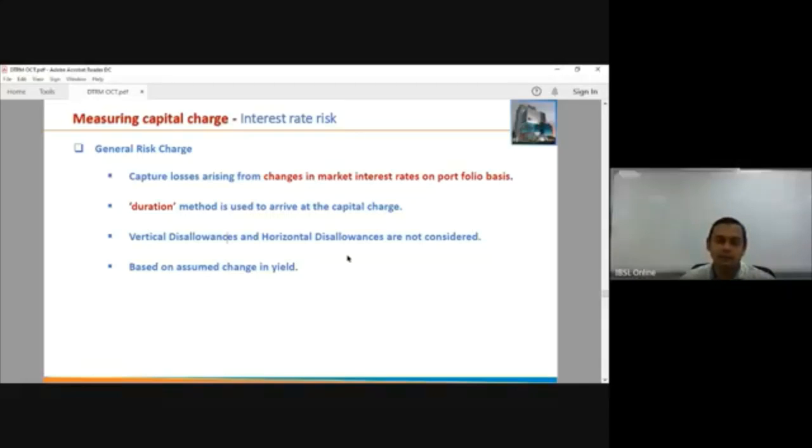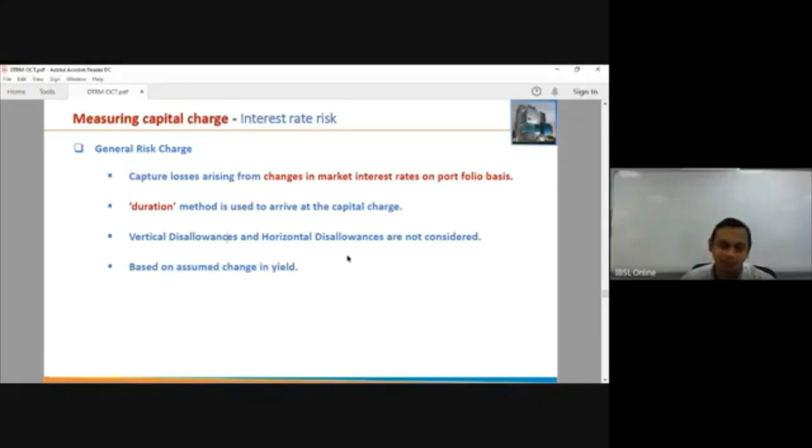The only good thing is that whether you keep it in your trading book or AFS, as per SLFRS 9, it has to be marked to market on a daily basis. So the only thing where a bank can misuse this is the capital charge computation.